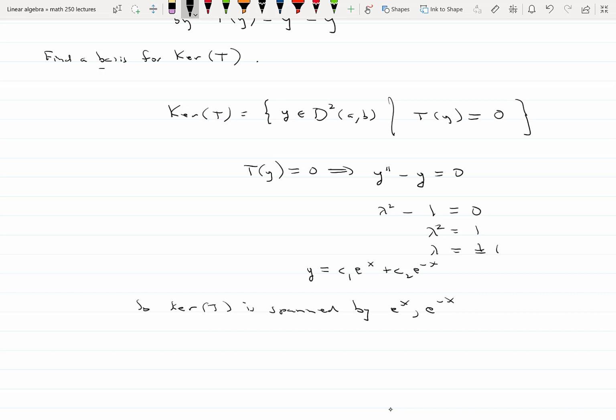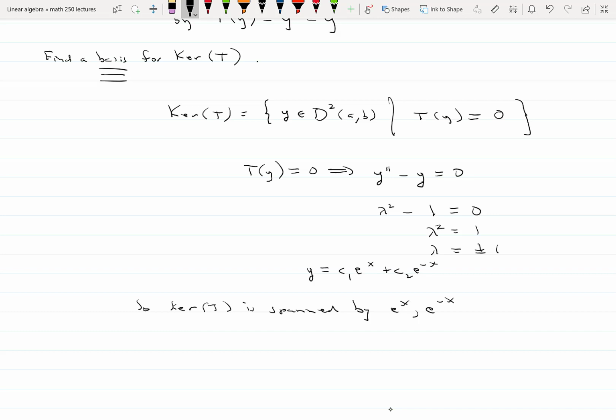That's not enough for a basis. A basis needs two things. Needs spanning and what else? Needs spanning and linear independence. Now we could get around that using some fancy theory that I think I brought up in chapter 4, that the dimension of the solution space to a second order differential equation is 2.